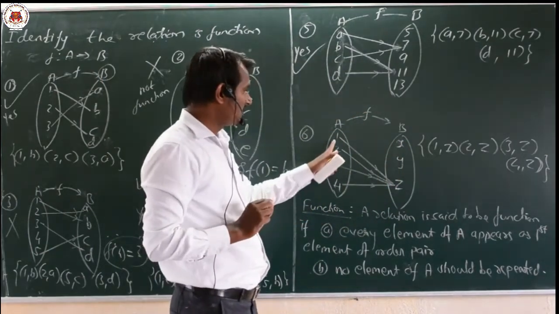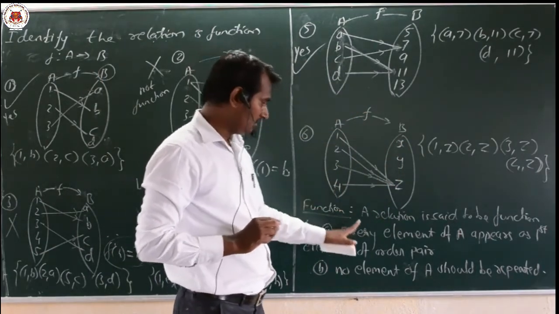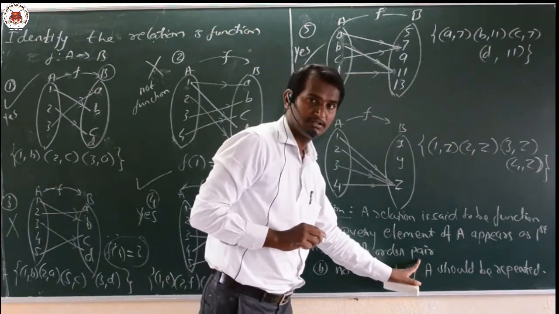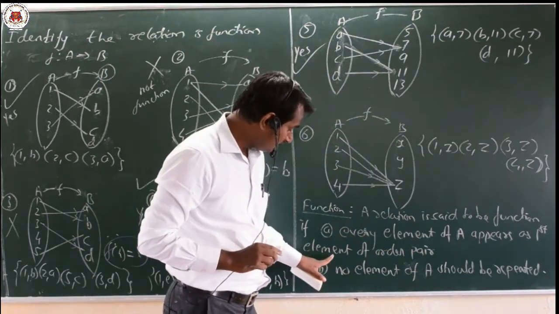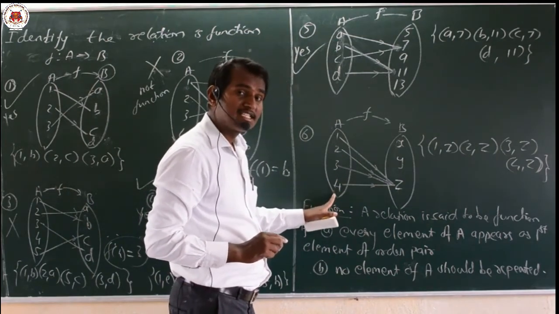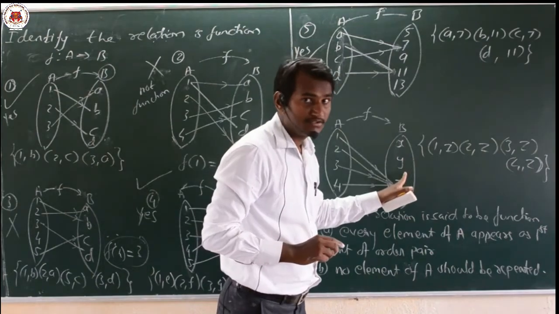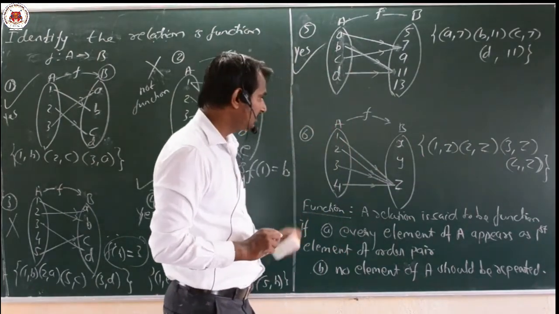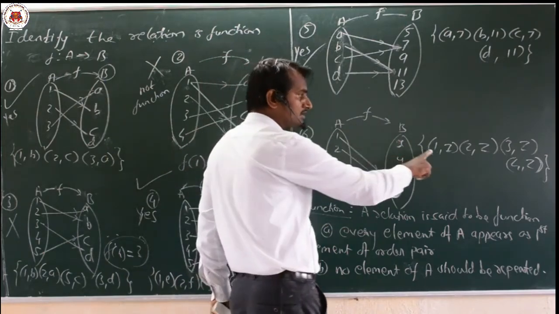That means all the first elements of A appear as a first element of the ordered pair. This definition is equivalent to saying that every element of A is having an image in the set B.